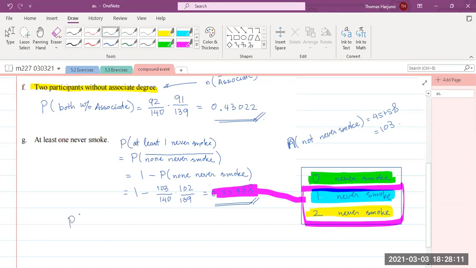So the probability of both never smoke will be 37 over 140 times 36 over 139. That's 0.06845. Okay, so this is for the yellow case only.